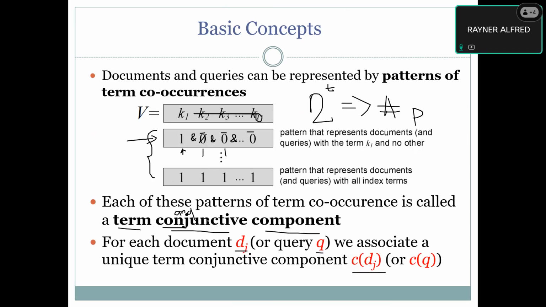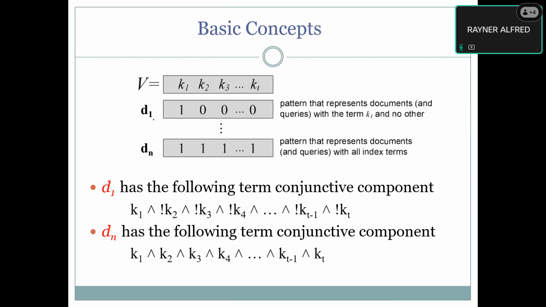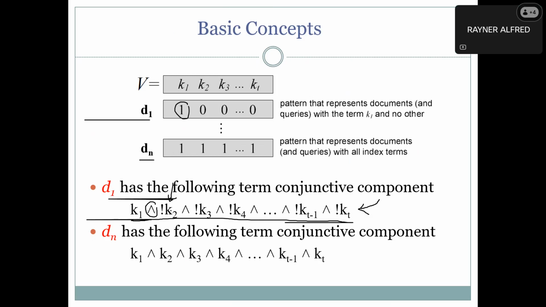So when we represent this, this is document 1, this is document n. Document 1 has this term conjunctive component. If we have only one, this is this, and this is n. For this expression to be true, this one must be negated, so we take the complement of k2: not 0 is equal to 1.